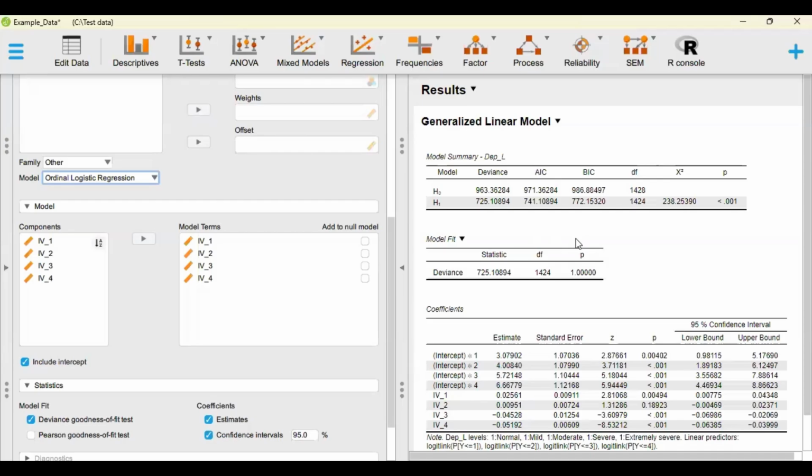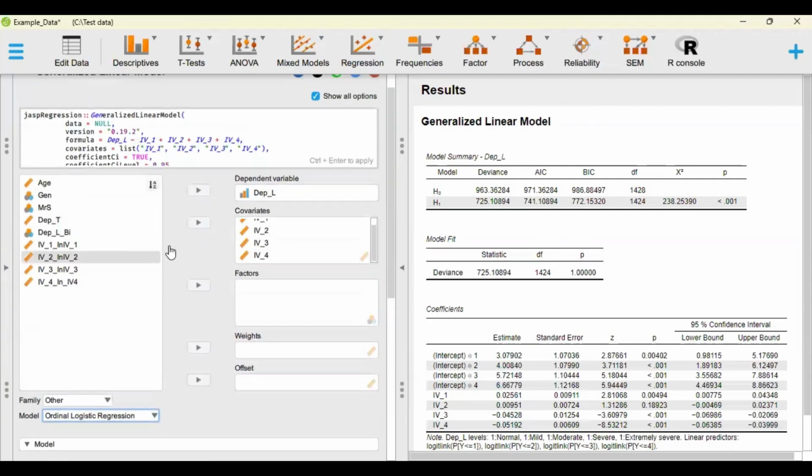I explained how to use it, but later I noticed there are some bugs in the results. When I compared it to SPSS, I noticed there are apparently some bugs in the current function of this analysis in JASP that may need to be fixed in newer updates.